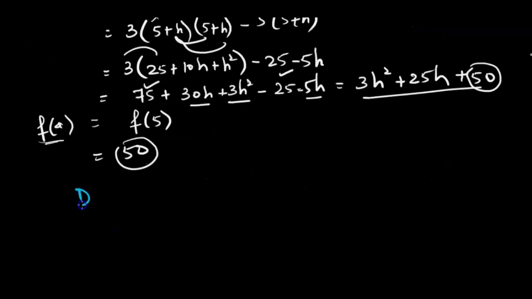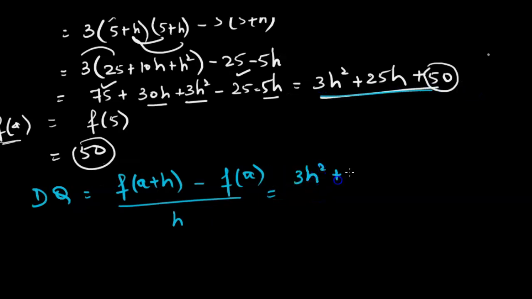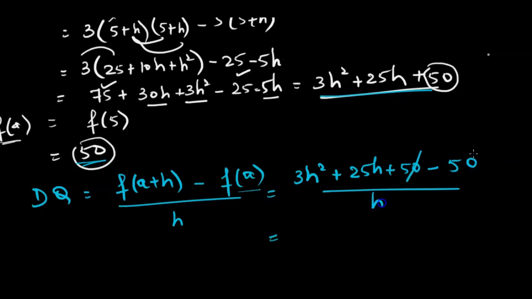Now when we apply the difference quotient formula, we have f of a plus h minus f of a divided by h. f of a plus h is this equation, which is 3h square plus 25h plus 50, minus f of a, which is just 50, divided by h. 50 minus 50 gets cancelled. We are left with 3h square plus 25h over h.